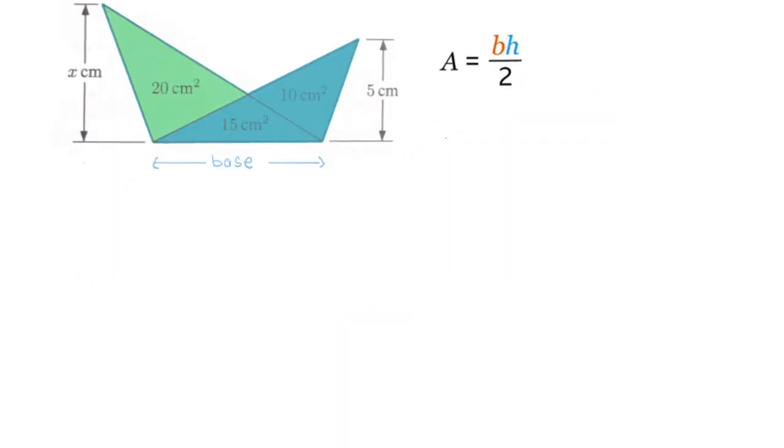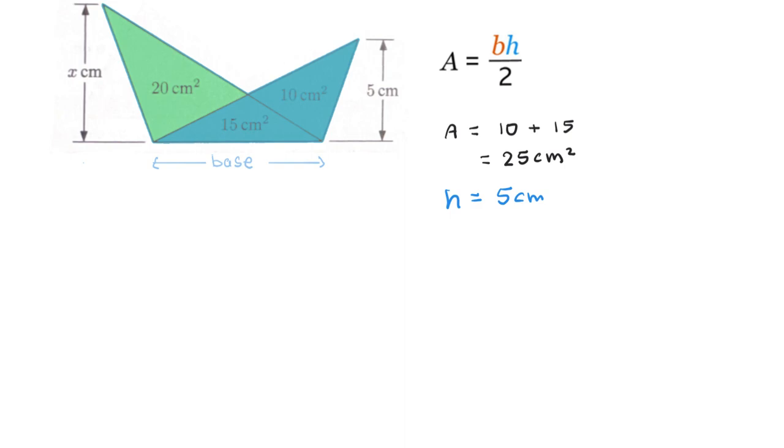And since we know that the area will be 10 centimeters squared plus 15 centimeters squared, which is going to be 25 centimeters squared, and we also know that h is equal to 5 centimeters, we can now calculate what the base is.